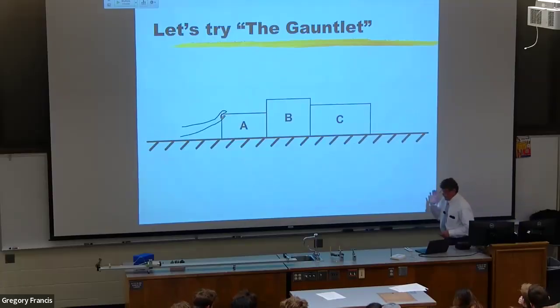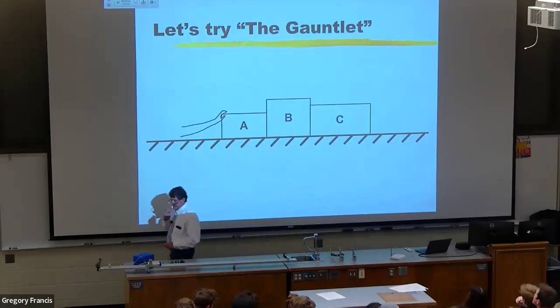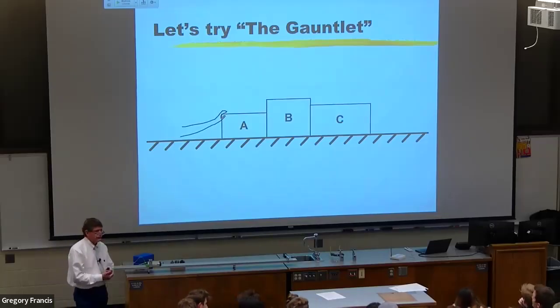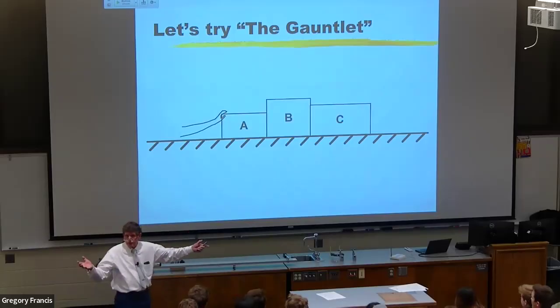Now, we've got 10 minutes, and that's enough time to talk about this gauntlet problem. I just want you to see the answer to this gauntlet problem. You've all worked it, I assume.